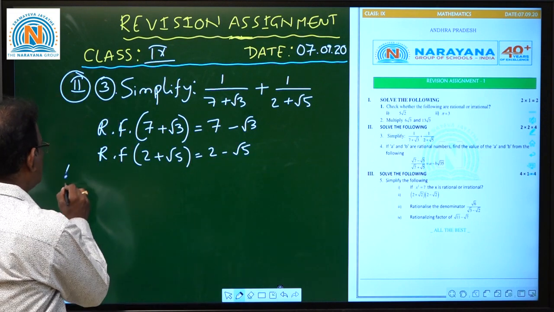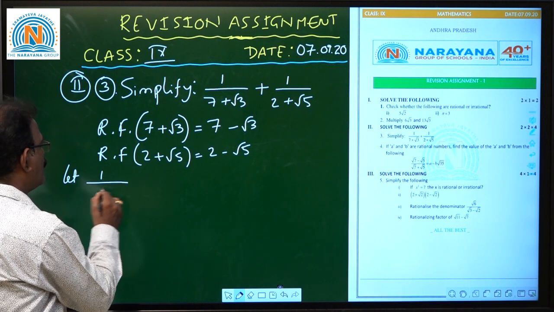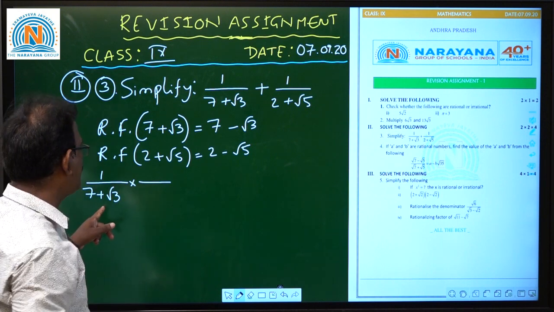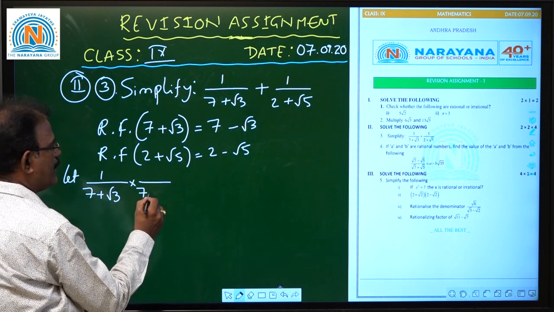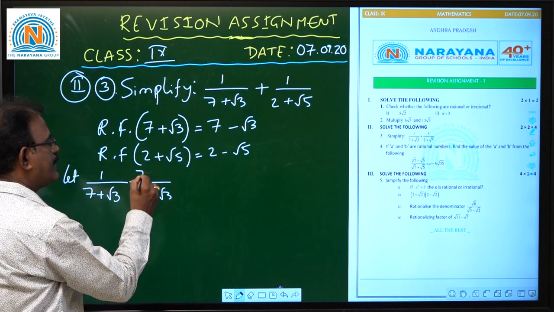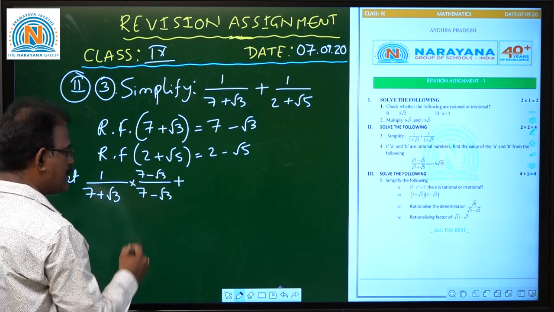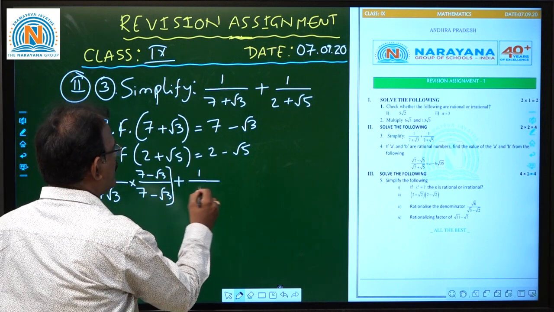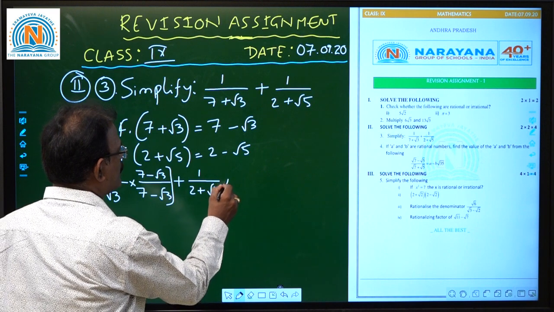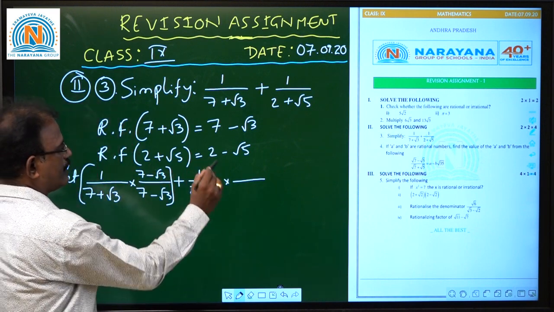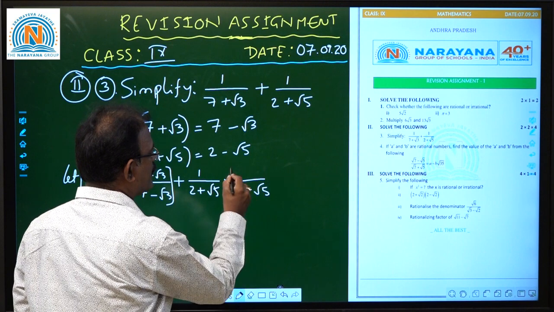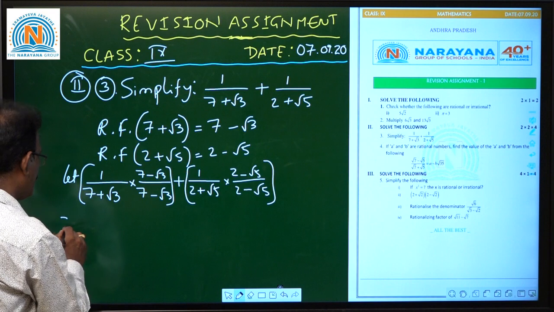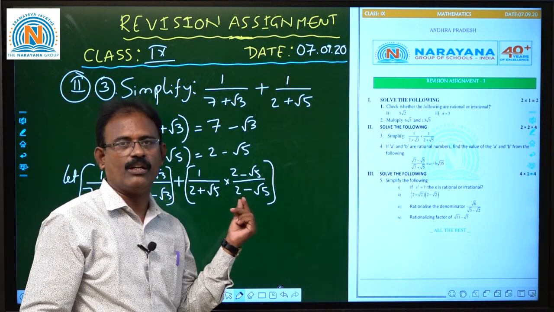So the given 1 by 7 plus root 3, we multiply the denominator with its rationalizing factor 7 minus root 3, taking the same in the numerator, plus again 1 by 2 plus root 5, multiplying the denominator with its rationalizing factor 2 minus root 5. Taking the same in the numerator is only for the purpose of not changing the initial value.